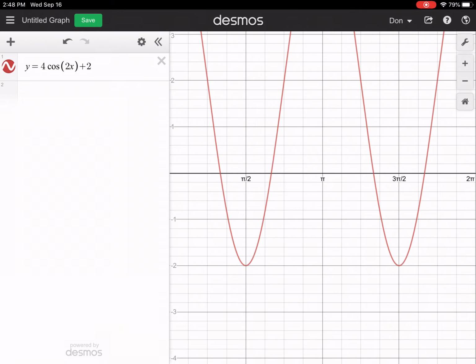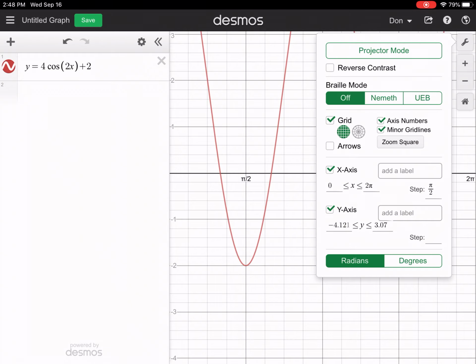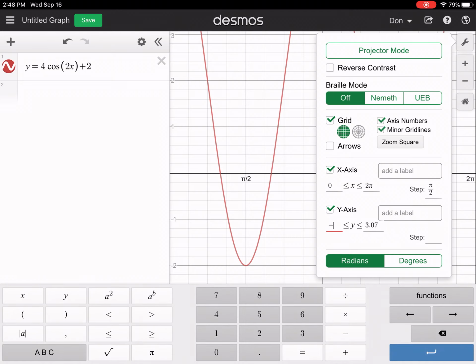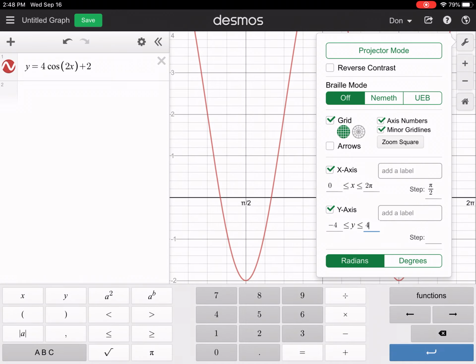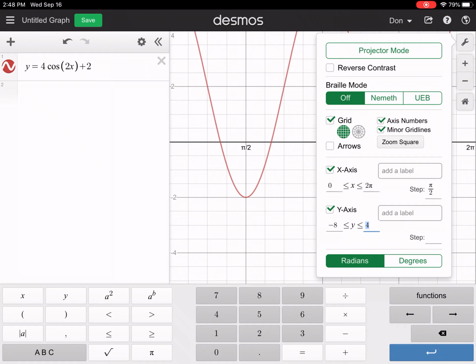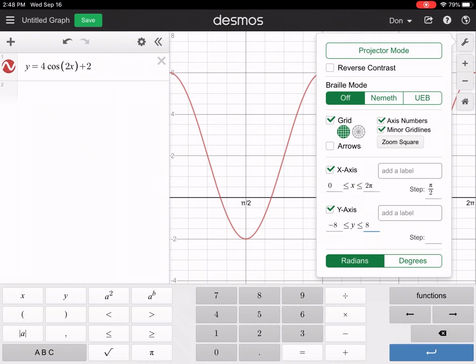All right, so let's just adjust this a little bit so it goes from -4 on the y-axis to +4, which will match our actual graph. Well, actually, that doesn't even fit on our graph. Maybe I'll have to go with a different scale. Let's make it go from -8 to +8, and I'll just make my scale different on our sketch.